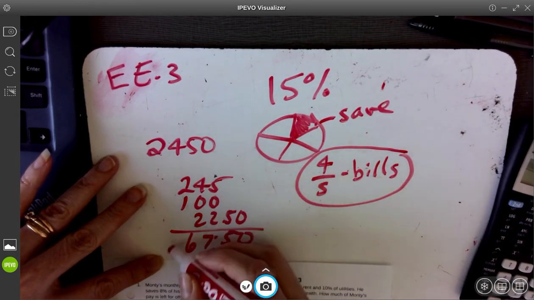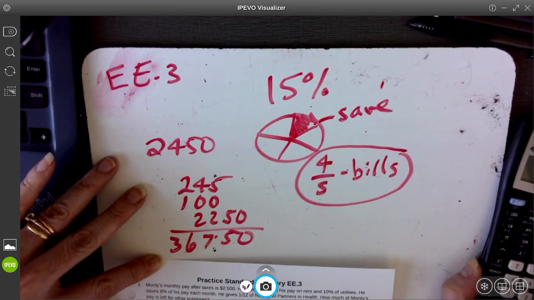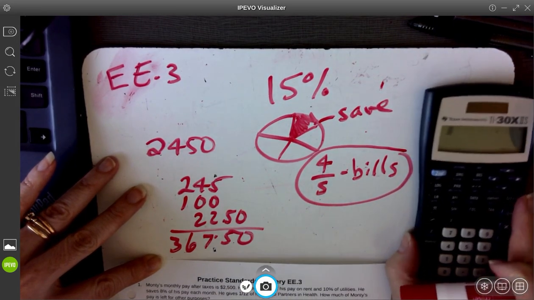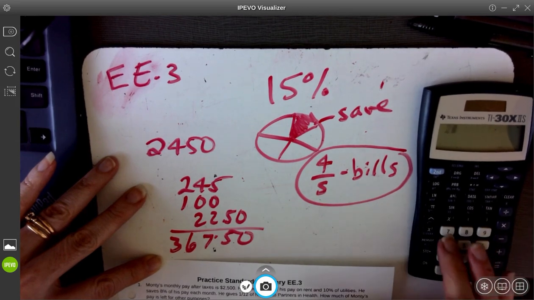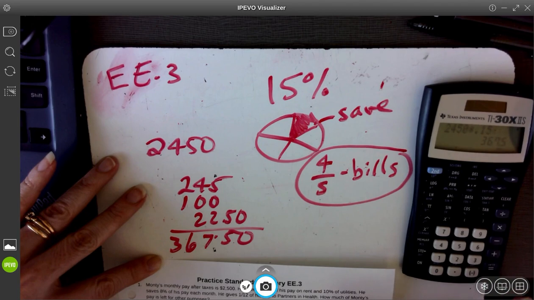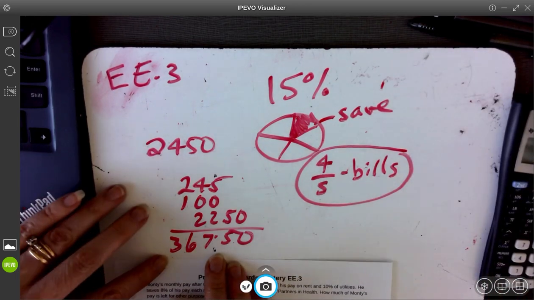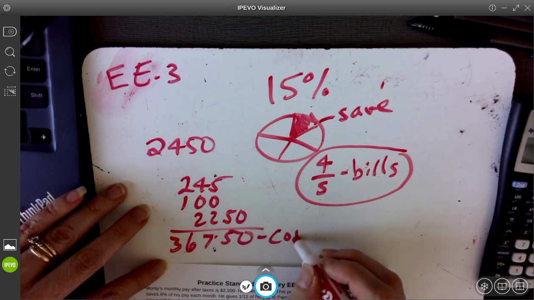So 367.50. That seems about right. Let's double check on a calculator because it's always a good idea to double check your math. 2,450 times 0.15, 367.50. Perfect. So that is 15%. This is his commission.